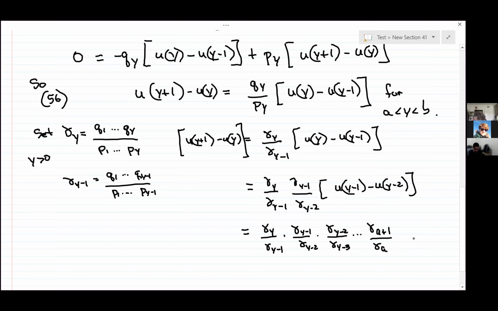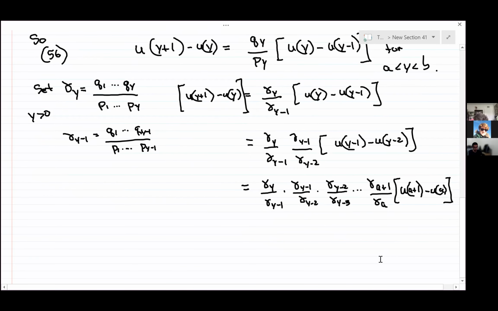And in that case, what's left is a difference that looks like u(a+1) minus u(a). I don't think it's hard to convince yourself you could apply this identity over and over again where y is decreasing and get more terms that look like these. Maybe it takes a little more thought to see that this is the end of the line. But I'll let you convince yourself that that pattern is indeed what's going on.